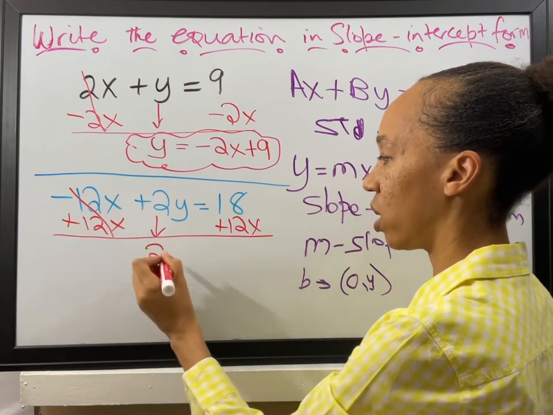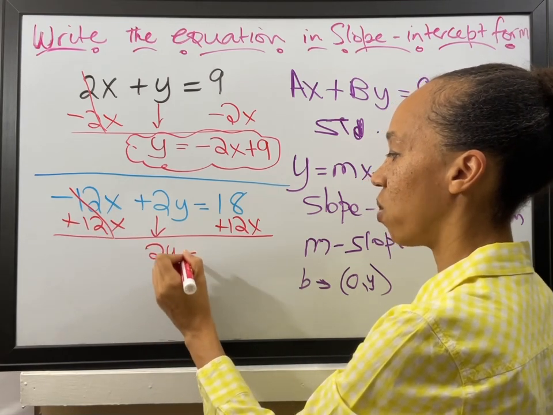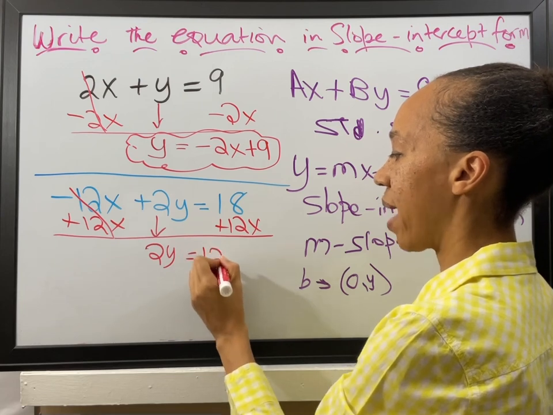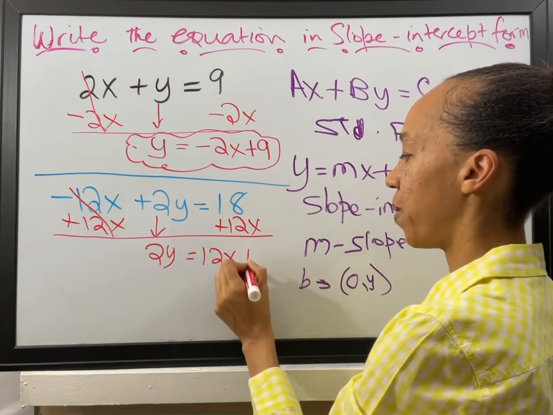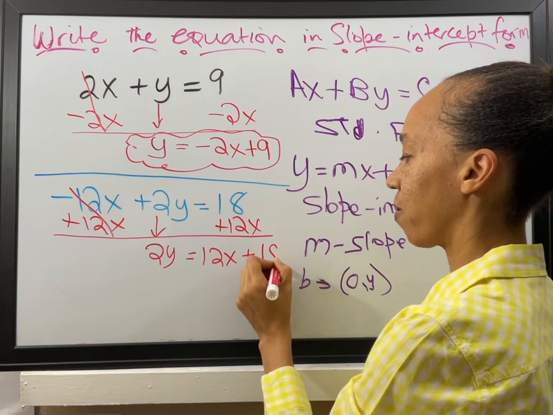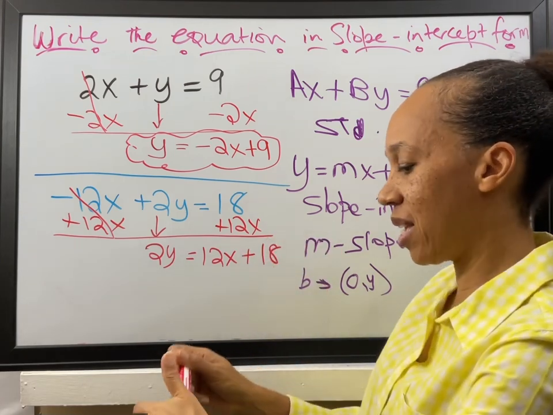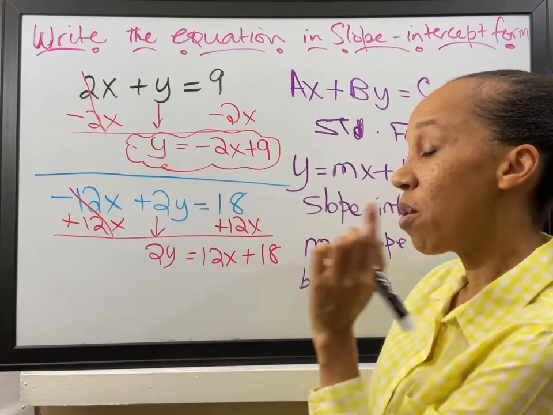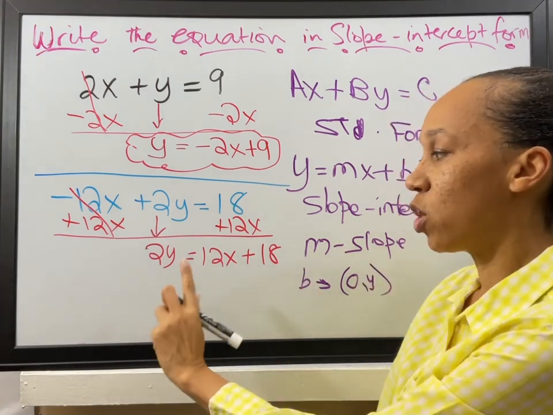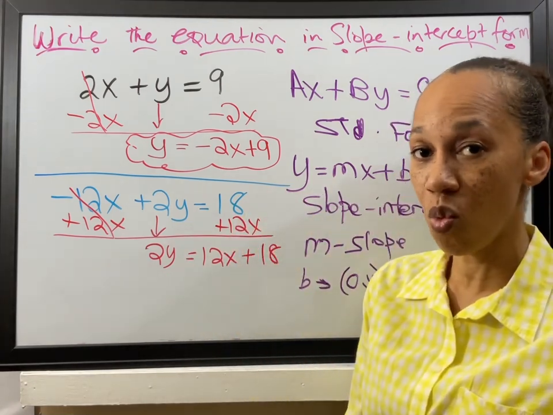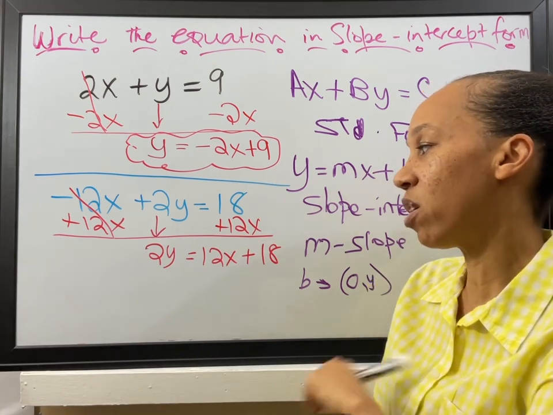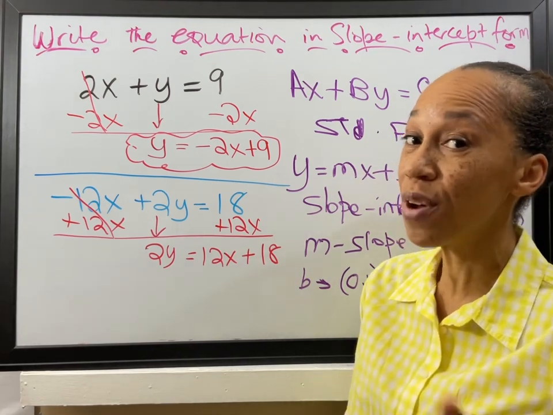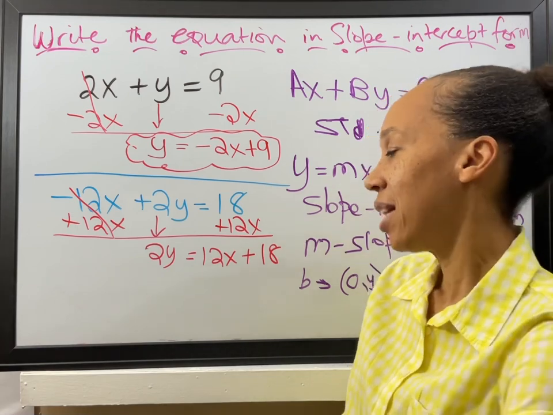This crosses out to 0. 2y equal 12x plus 18. So 12x plus 18, what we have to do now, we have 2y, but we need to get y by itself. So the 2 is being multiplied onto the y, and because the 2 is multiplied onto the y, we have to do the inverse of multiply, which is divide.